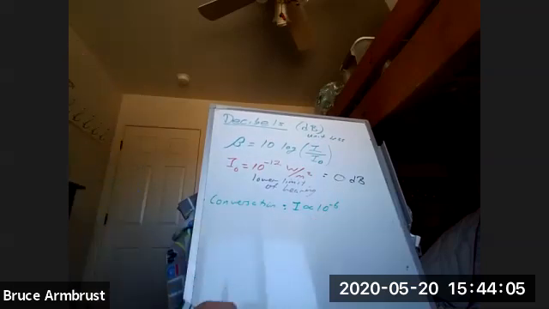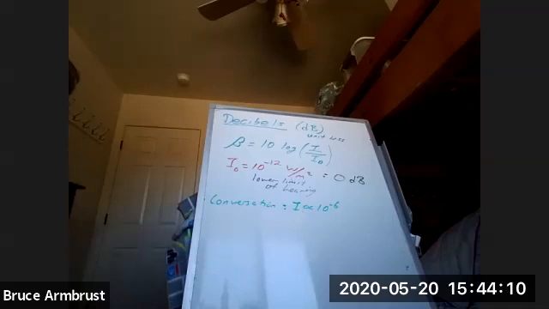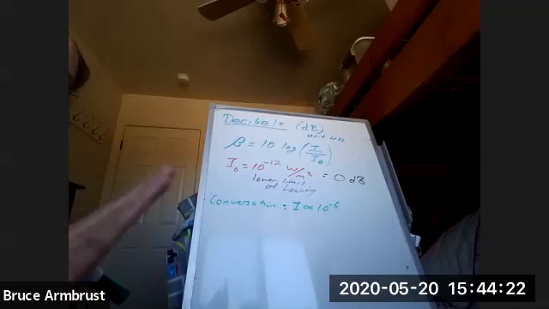If you've not seen this symbol before, that just means it's on the order of 10 to the minus 6. So our conversation may actually be 5 times 10 to the minus 6 or 8.3 times 10 to the minus 6 or whatever, but a conversation is usually at that kind of level.